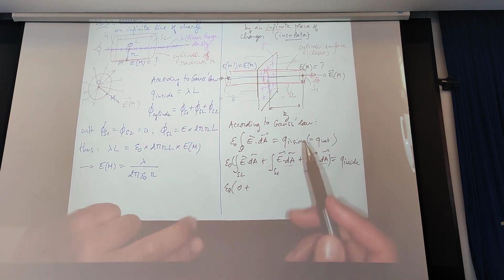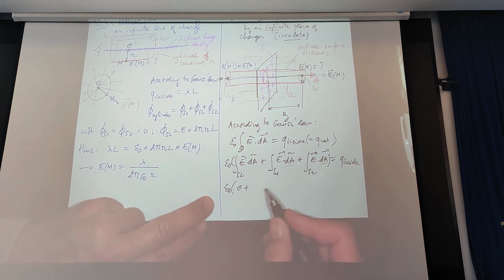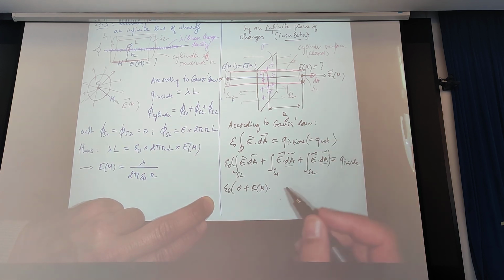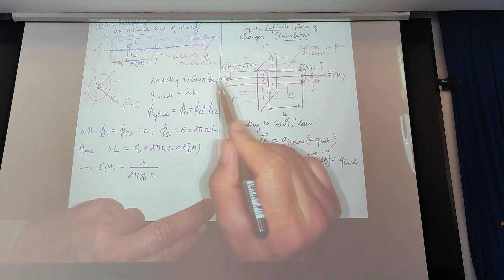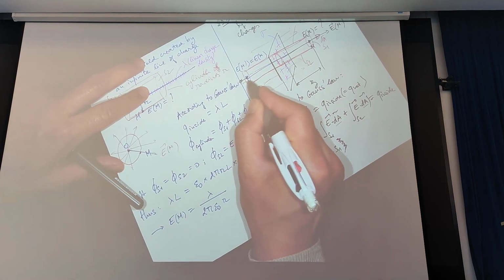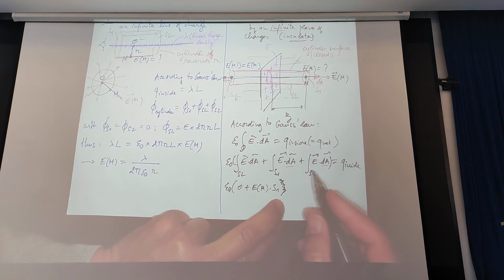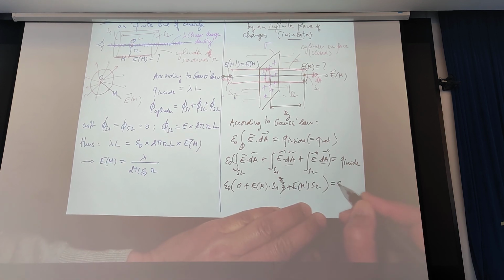In that case the dot product is positive and it's equal to E times S1. The third term is the same because E at M prime is like this and dA also is like this. So here we also have E at M prime times S2. And this is Q inside.